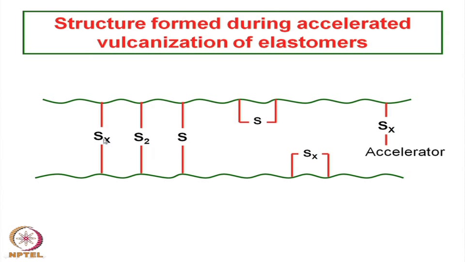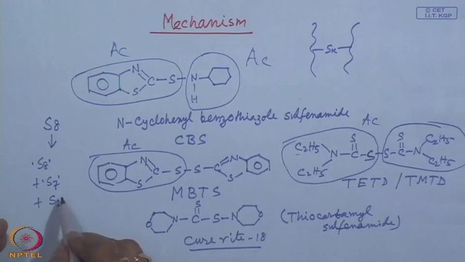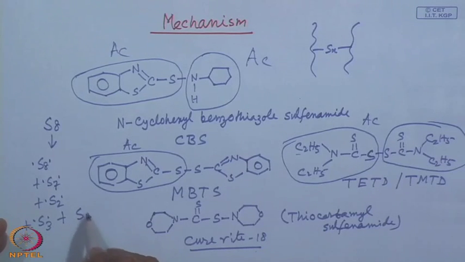Now, this SX represents polysulfide linkage. Actually, your sulfur remains as S8 ring. That decomposes to S7 or S2 or S3 or S4 or S5 like this.